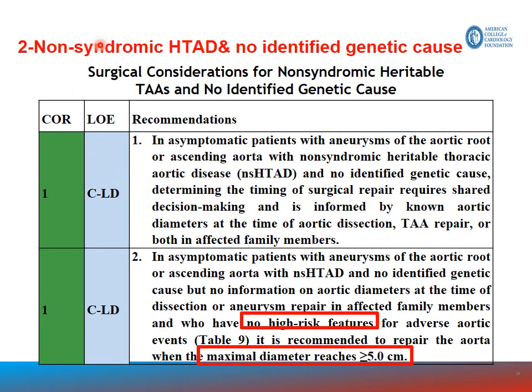What about the second group, which is non-syndromic heritable thoracic aortic disease where there is no identified genetic cause? If the patient doesn't have high risk features for aortic dissection, the cutoff value for intervention is 5 cm or more.